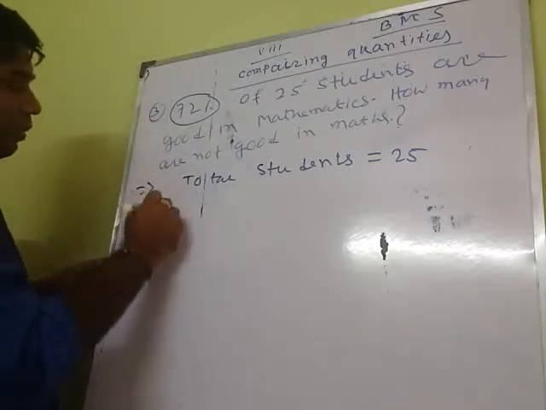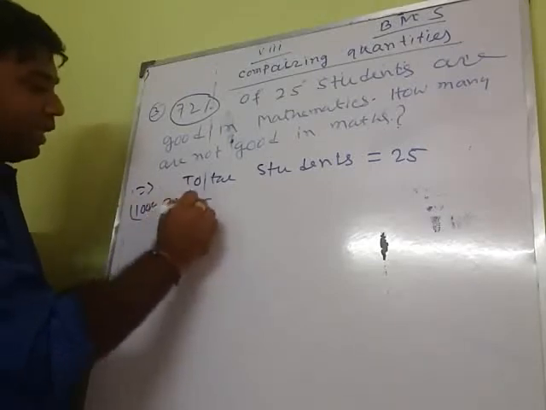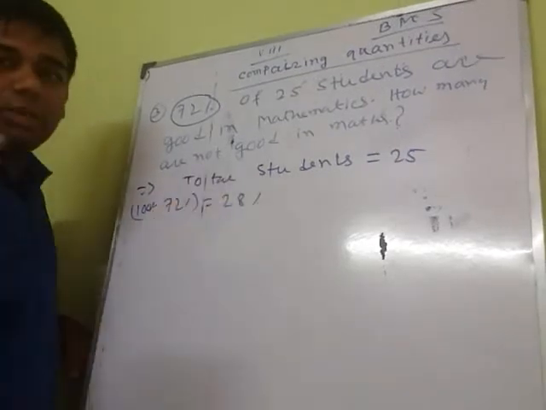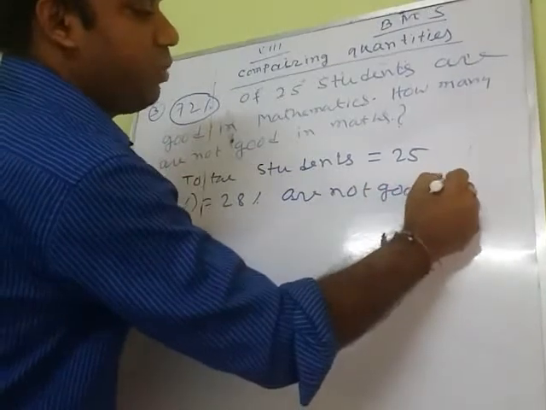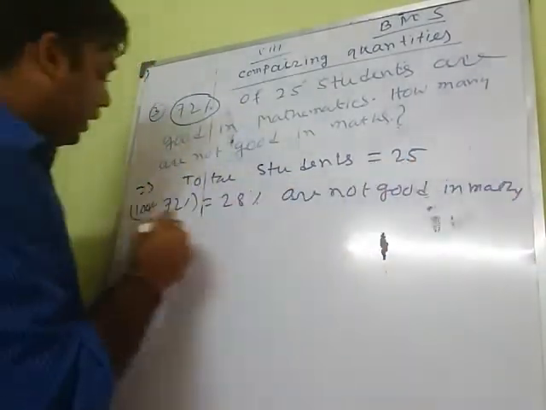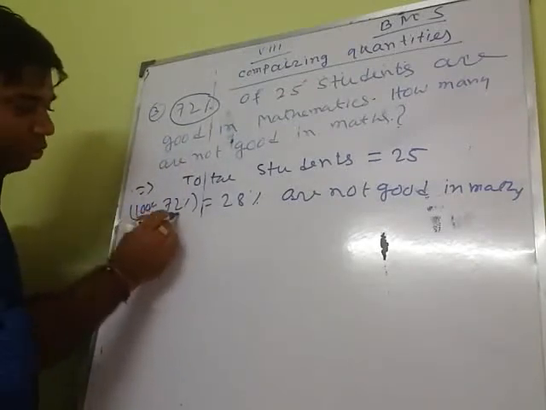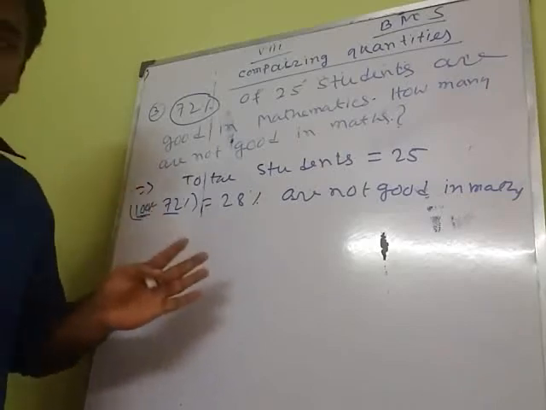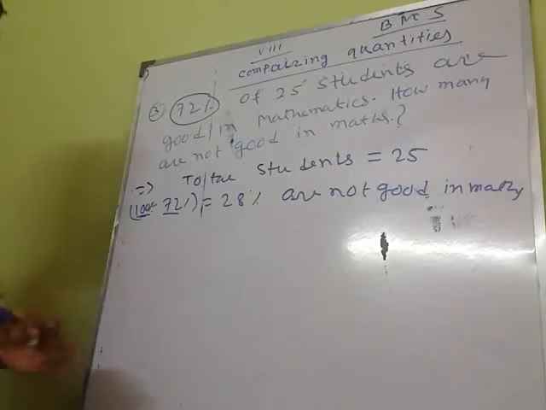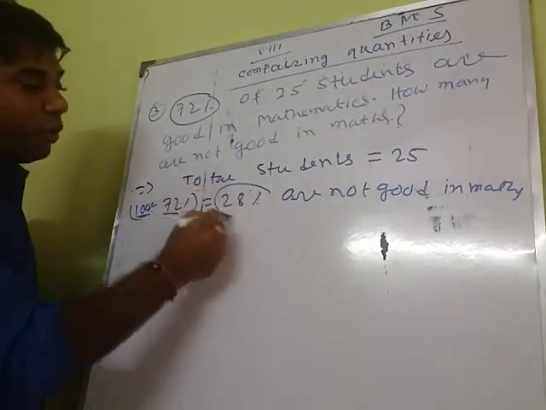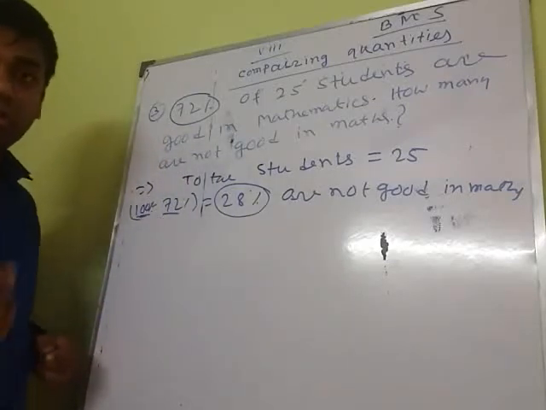That is 100 minus 72%, that is 28%. 28% of students are not good in maths. Good plus not good, the sum of that is 100. So 72% are good, which means 100 minus 72% are not good in mathematics, that is 28%.